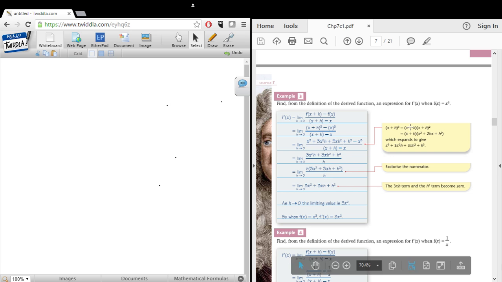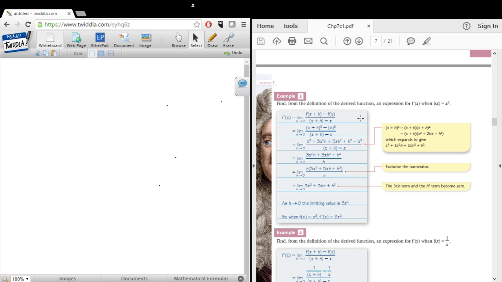We could have just differentiated it using the conventional method you would have learned before, which is that the power is multiplied by the coefficient, here equal to 1, and then the power is reduced by 1. This is the more rigorous explanation, the technically correct method of achieving that answer.